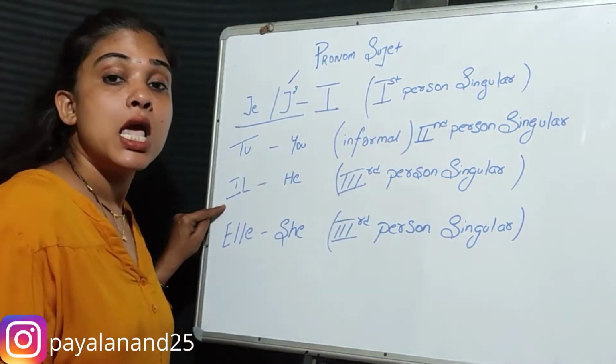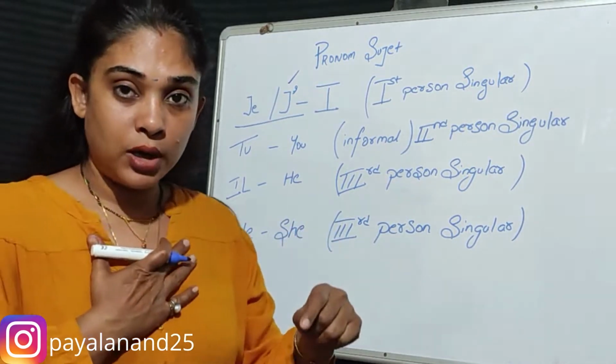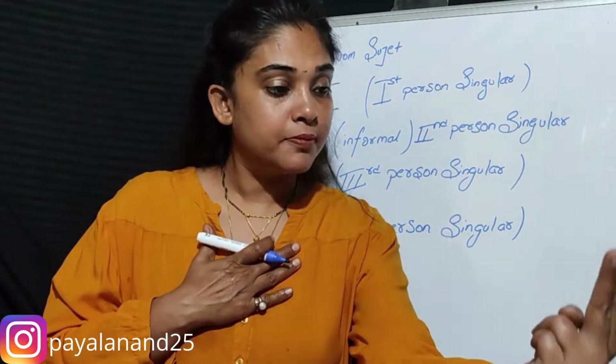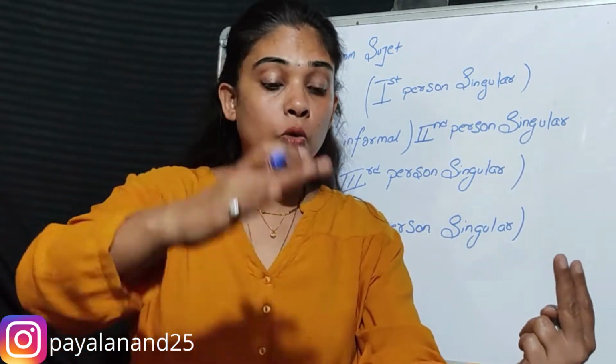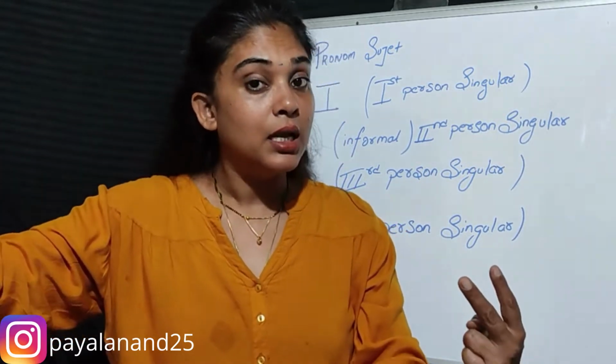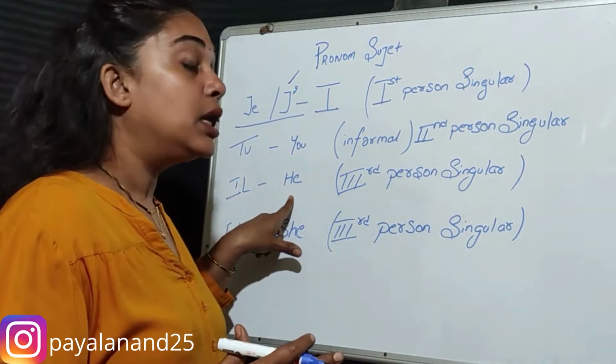The third one is il. Il means he. The person standing in front of me is my second person, and the person who is not here, but about whom I am talking, is the third person singular. It will be il, meaning he.